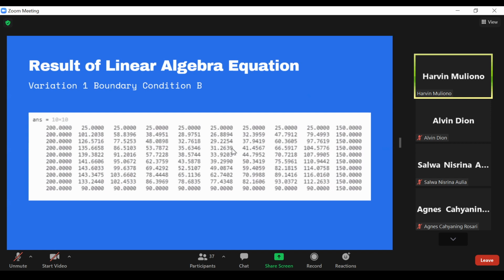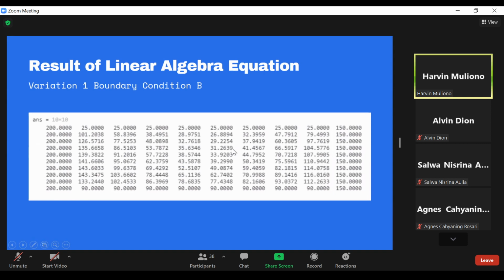Then we have the other variation, where we vary the temperature at the boundary. We have a different temperature at the left, right, upper and bottom sides. On the right side we have 150 degrees Celsius, on the left side 200 degrees Celsius, and on the bottom and upper sides 90 and 25 degrees Celsius.